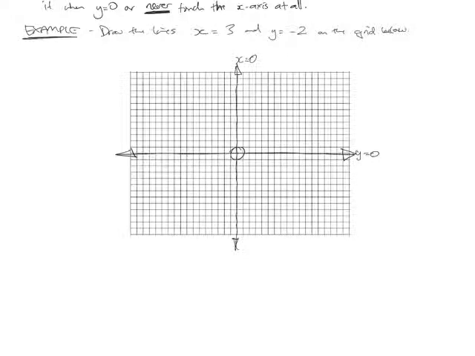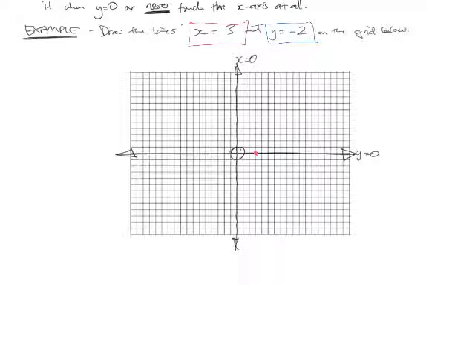Draw the lines x is equal to 3 and y is equal to negative 2. Let's give them different colors. We're going to draw that in red. We're going to draw this in blue. x is equal to 3. So, from the above stuff that we've talked about, this must be a vertical line because it's only defined by where it crosses the x-axis. It crosses the x-axis at 3, so that is where I'm going to draw.